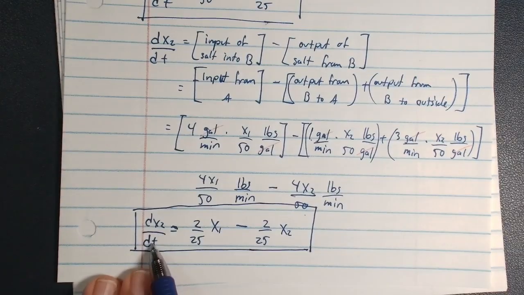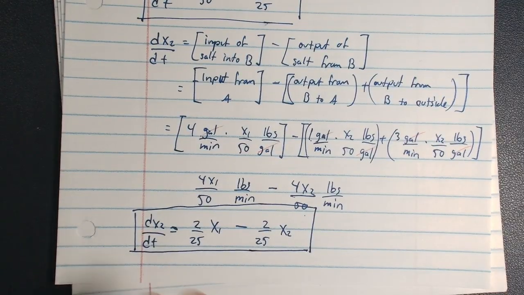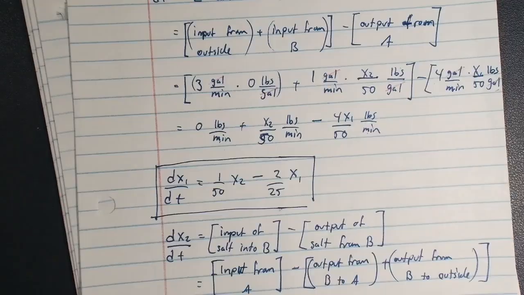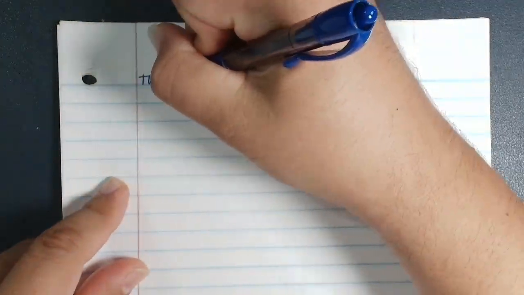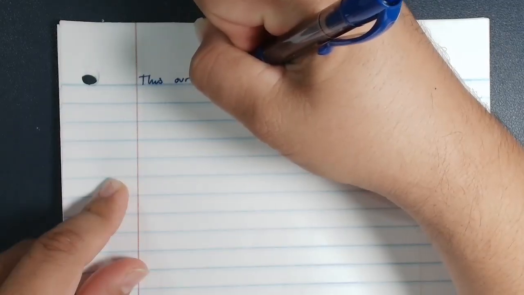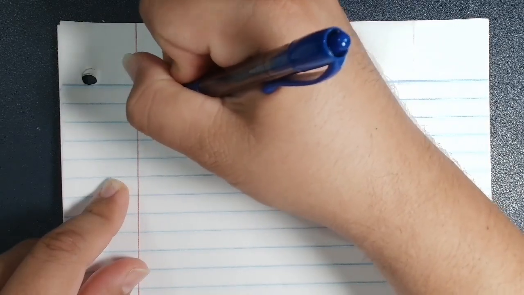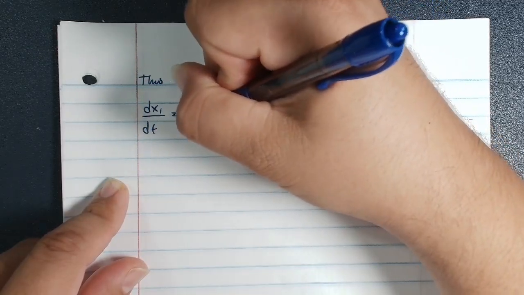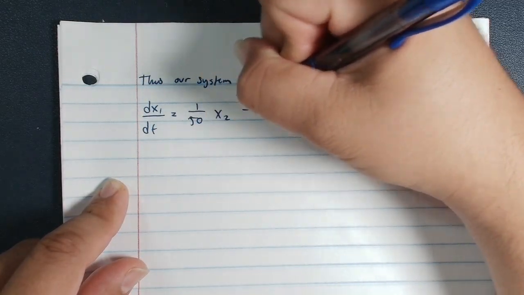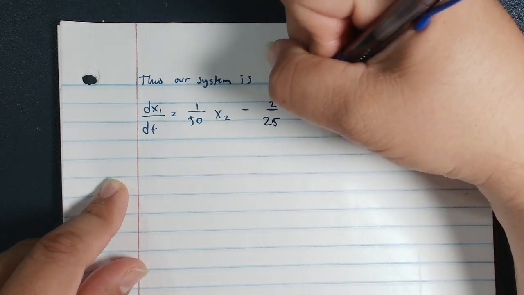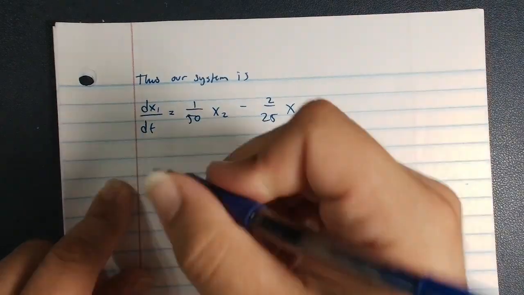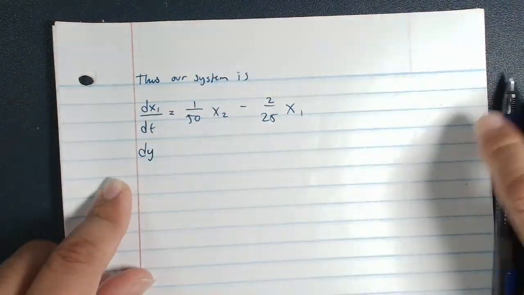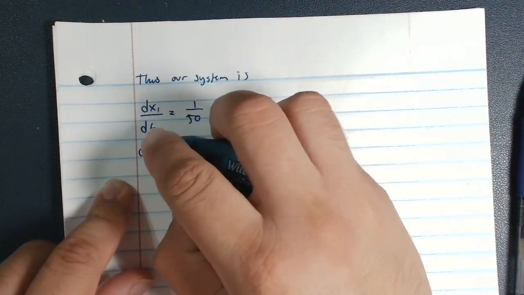So now notice, this is a single equation with two variables. Can't be solved. This is a single equation with two variables. Can't be solved. But together they form a system. So putting these together, we have our system. Thus, our system is dx1 dt is equal to 1 over 50 x2 minus 2 over 25 x1, and dx2.